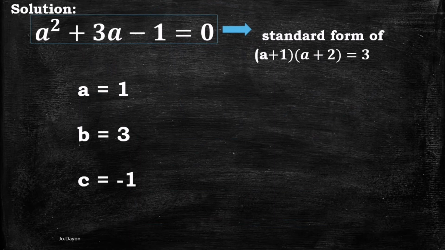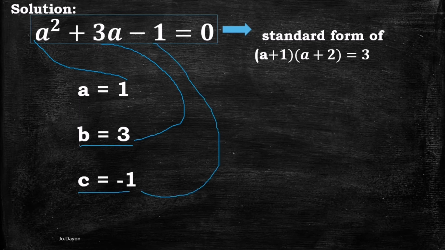Since the equation is already in standard form, we can now determine the values of a, b, and c. So the value of a is 1, coming from the numerical coefficient of the quadratic term. The value of b is equal to 3, coming from the numerical coefficient of the linear term. And the value of c is equal to negative 1, coming from the constant term.